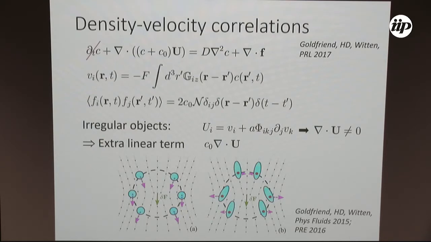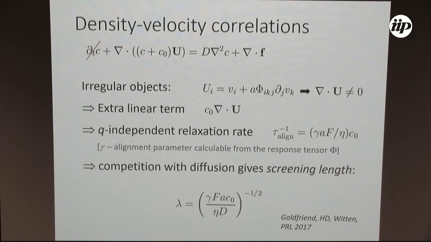So just repeating the same model, what it gives you is a linear term here, because now I have C naught times divergence of u, and this is a linear theory, and it's really trivial to solve. So one gets a new relaxation rate from this linear term and a new screening length that comes from competition between this random diffusion, whatever it comes from, and these hydrodynamic forces.